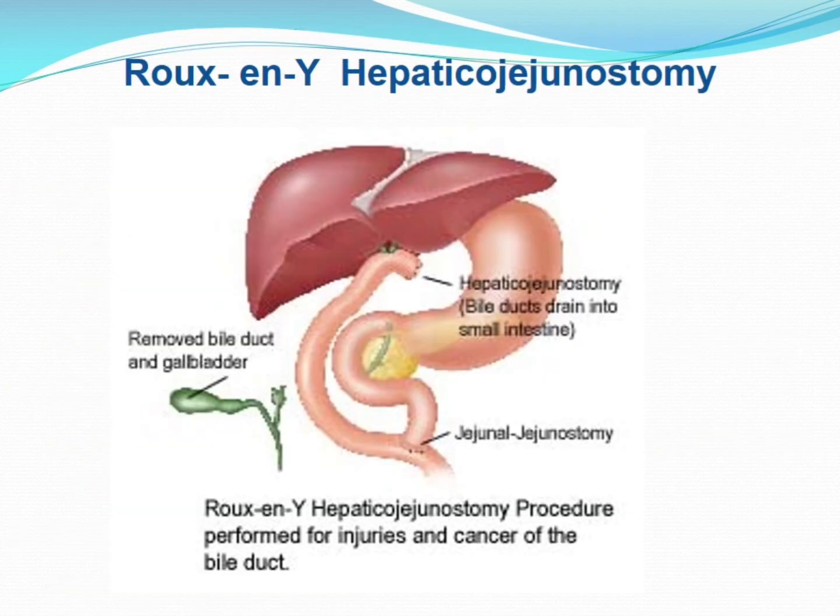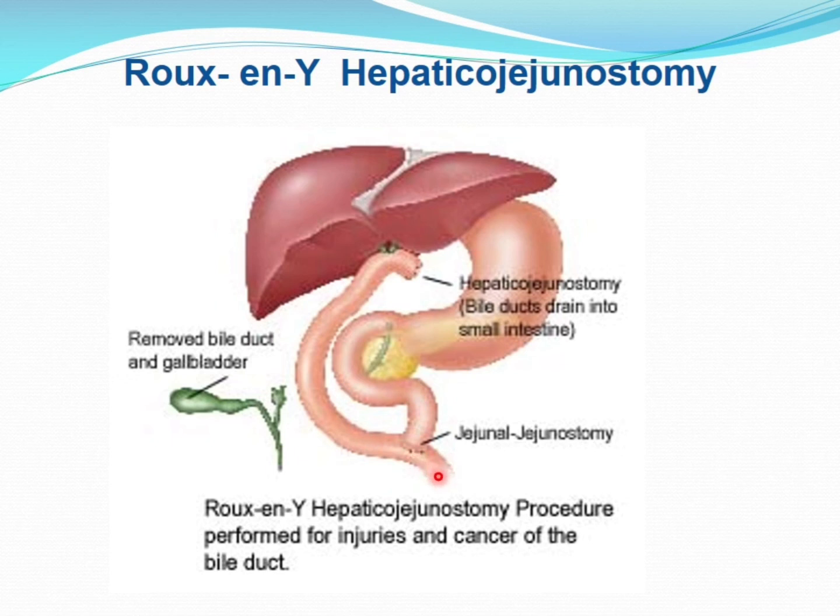This is Roux-en-Y hepaticojejunostomy. Roux was a Swiss surgeon who described the technique. This is the Roux loop. It is similar to a Y, Y-shaped here. The continuity of the intestine is here.